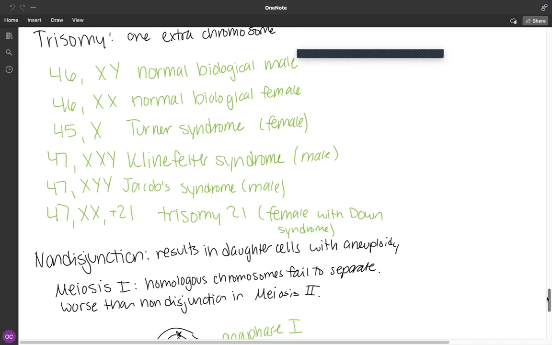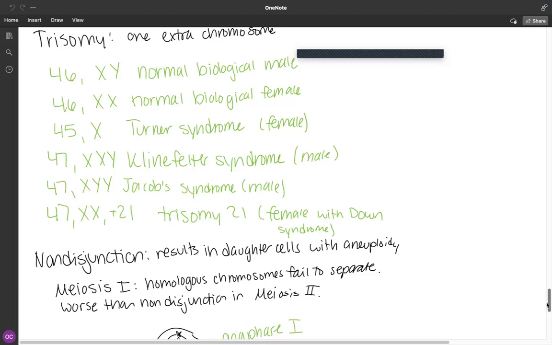So it's 45, X, 45 because they're missing a chromosome. And then we know that they just have one X chromosome. Klinefelter syndrome, they have an extra X chromosome. So it's 47, XXY. Jacob syndrome is when they have an extra Y chromosome.